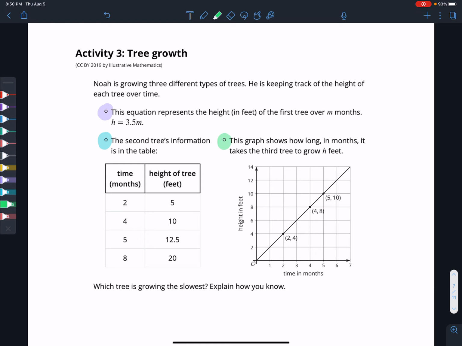And what we should recognize here is that any equation, or any model, can be represented in 3 different ways.